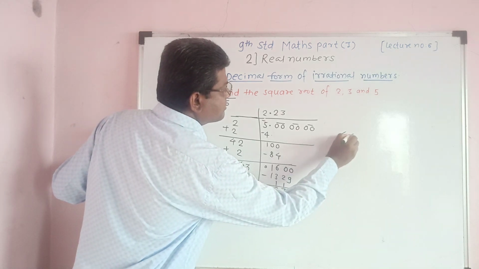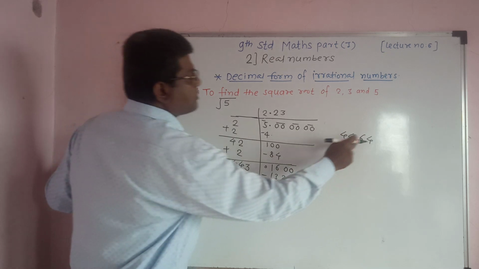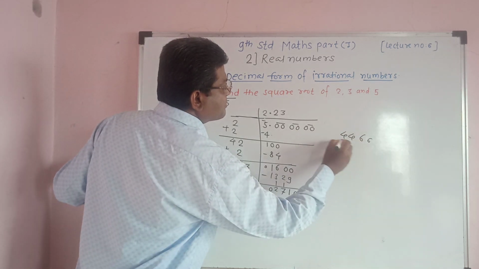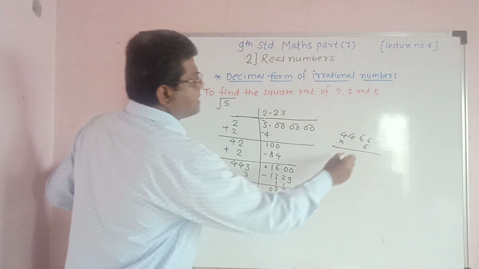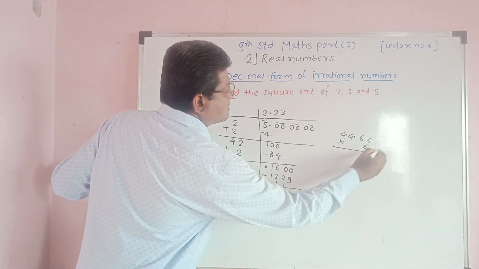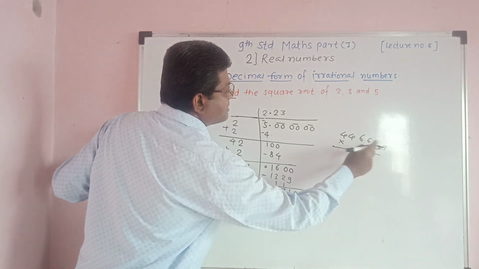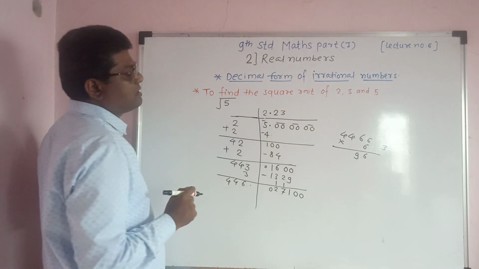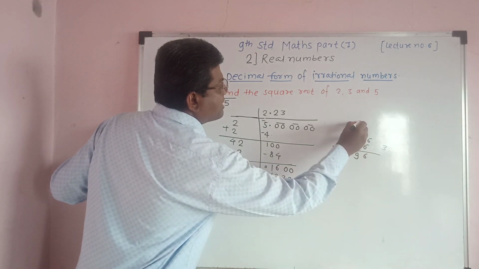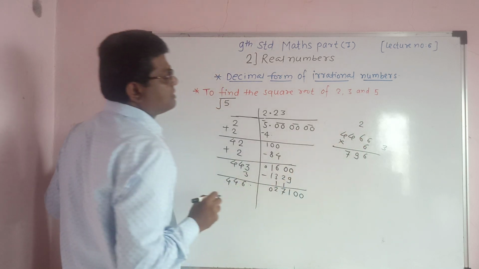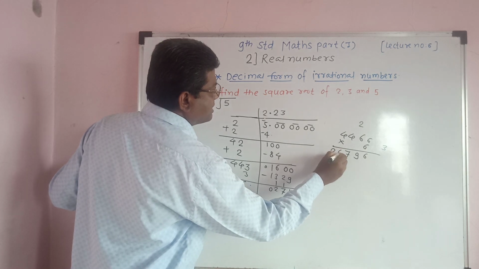If we put 4 4 6, and here 4 6s are 24, if we take a 6, what will happen? Let us multiply. 6 6s are 36, 6 6s are 36 plus 3, 39, 6 4s are 24, 24 plus 3 is 27, 6 4s are 24, 24 plus 2 is 26.